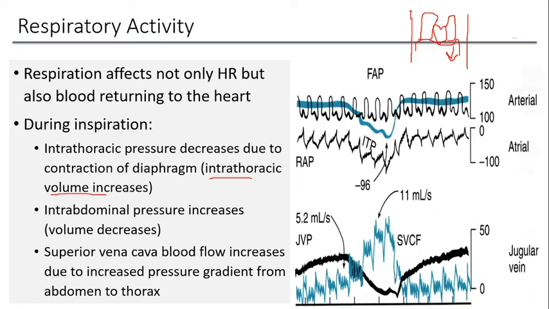But as the volume of the thoracic cavity is increasing, the pressures within will decrease. And at the same time, the intra-abdominal pressure increases due to its decrease in volume, right? So ultimately, we're getting a change in pressure here at the thoracic cavity.